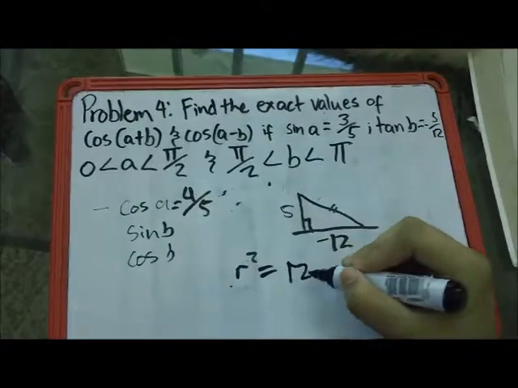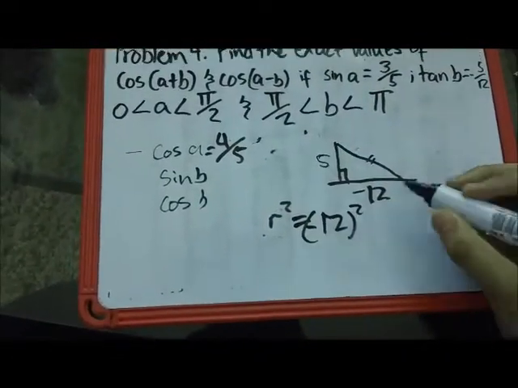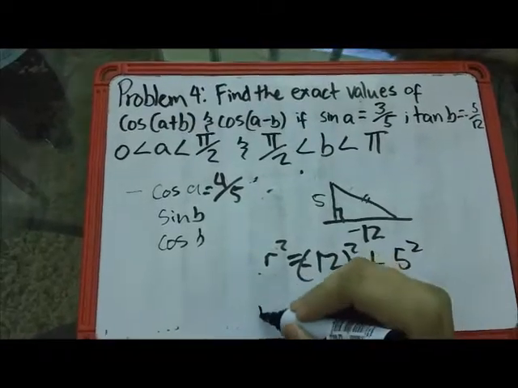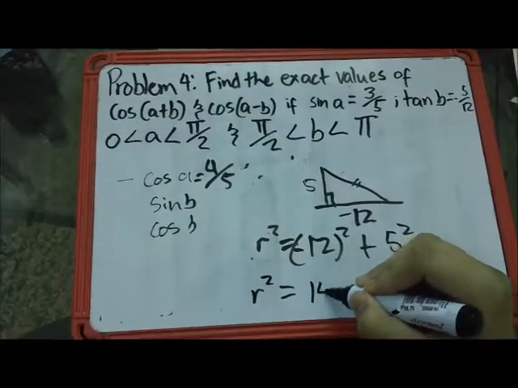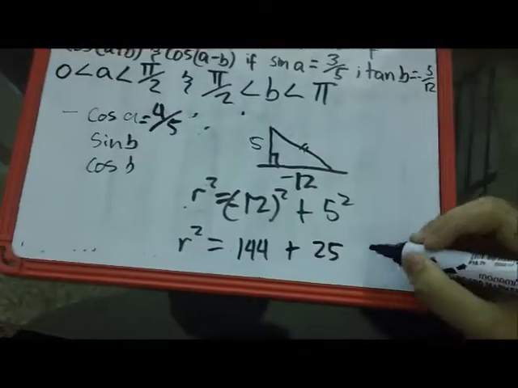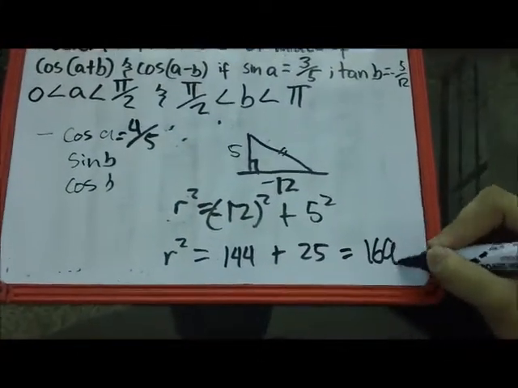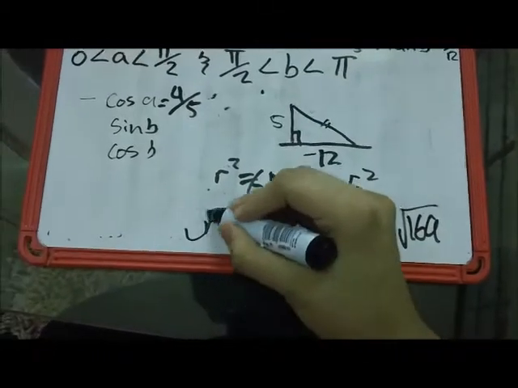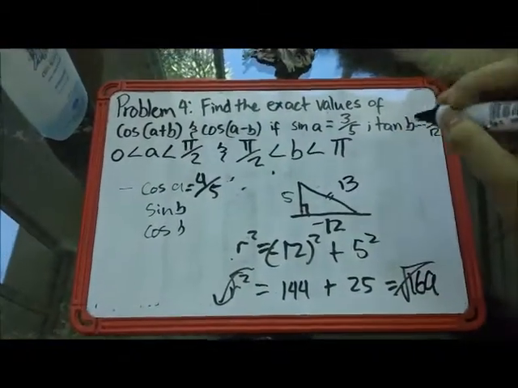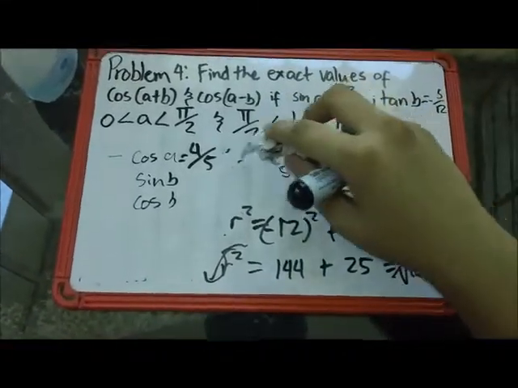Let's use R. R squared is equal to negative 12 squared plus 5 squared. So R squared is equal to 144 plus 25. So it's 169. If we square root that, we get 13.